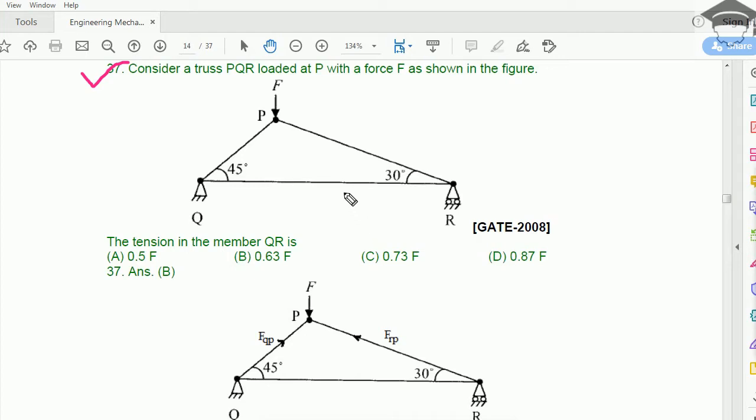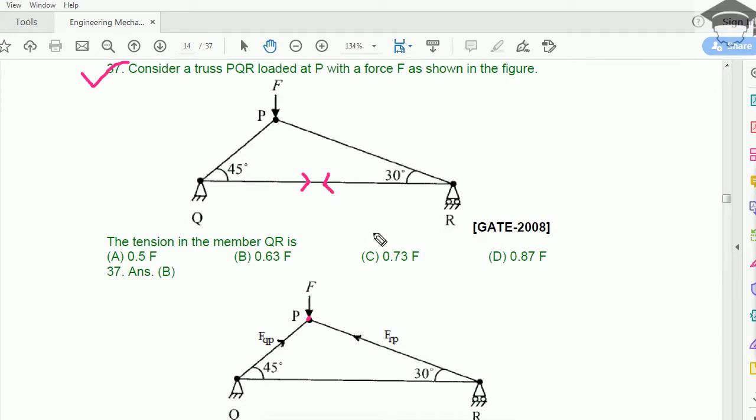It's very simple, because at this point P, three forces will generate. One is this tension, another is this tension, and one is force F. We have to find the tension in QR, in this member. How can we find it?